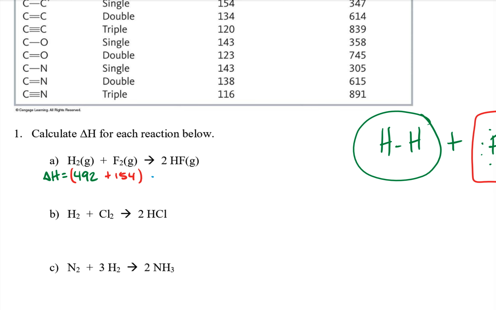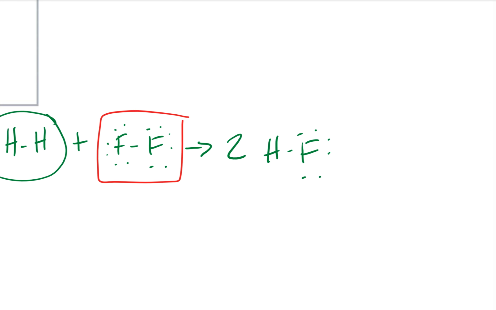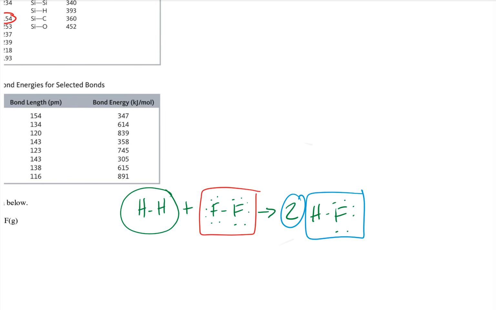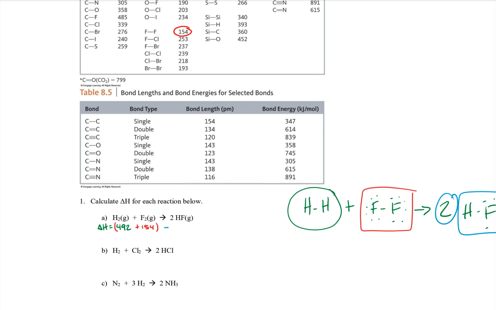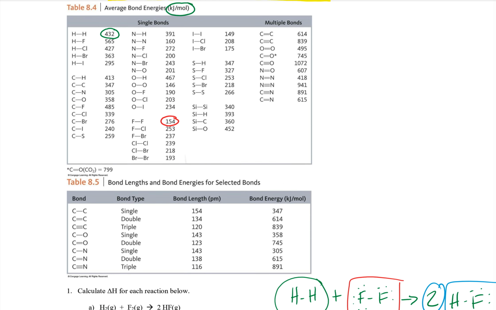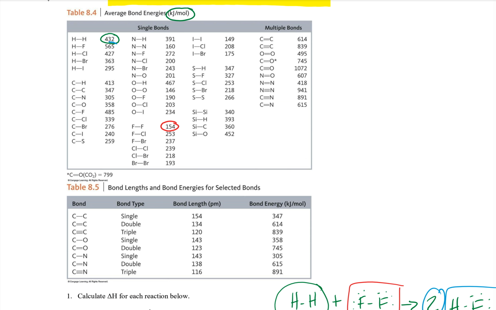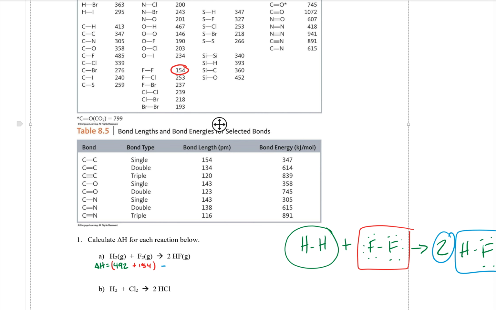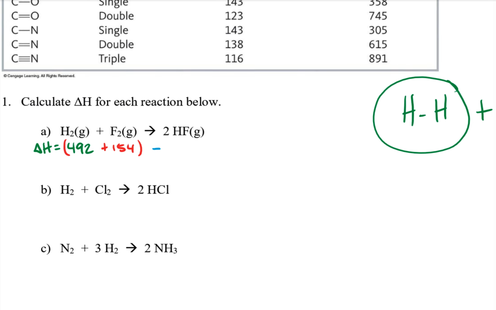And now we're going to subtract out the sum of our bonds being formed. So minus, what bonds are we making? We're making a hydrogen to fluorine bond, but there are 2 of them. So I'm going to have to multiply my HF bond by 2. So my HF bond is 565. So we're going to subtract 2 times 565.